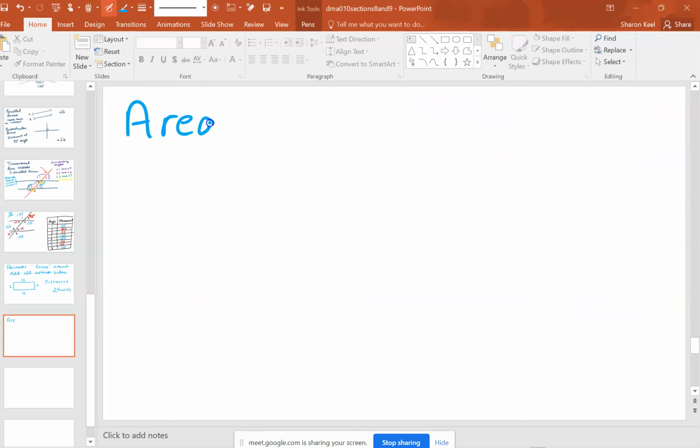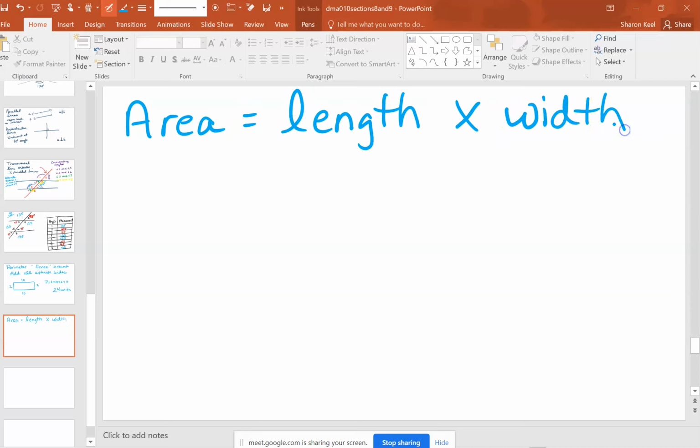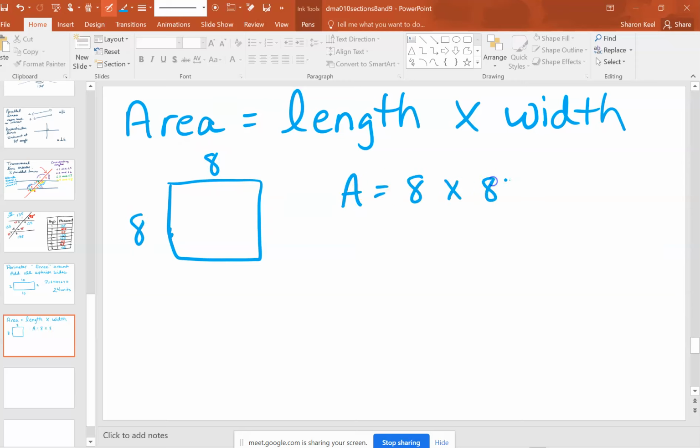For area, you're going to multiply length times width. So even if it's a square, you label 2 of the sides. If one side is 8, you label the other side 8, and the area is going to be 8 times 8, which would give us 64.